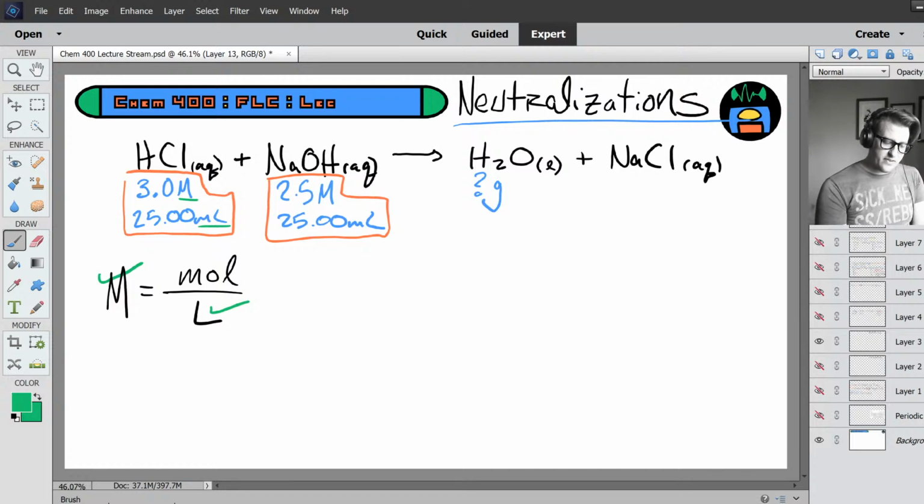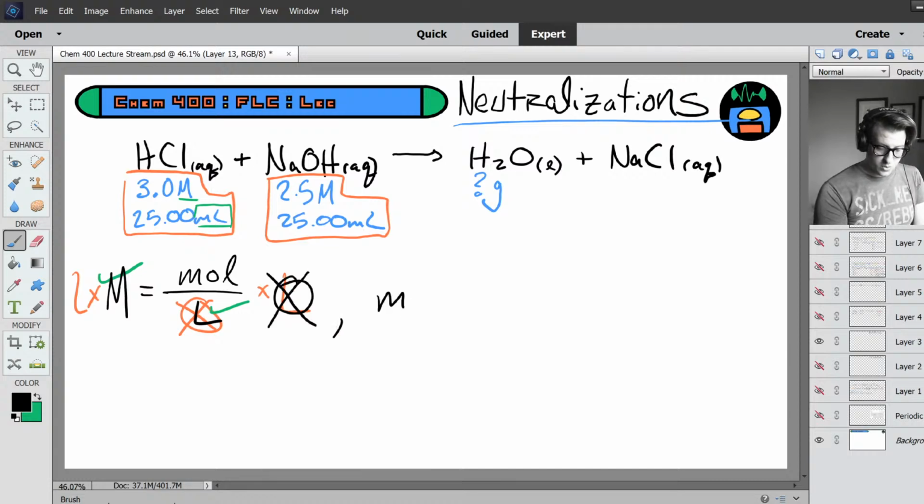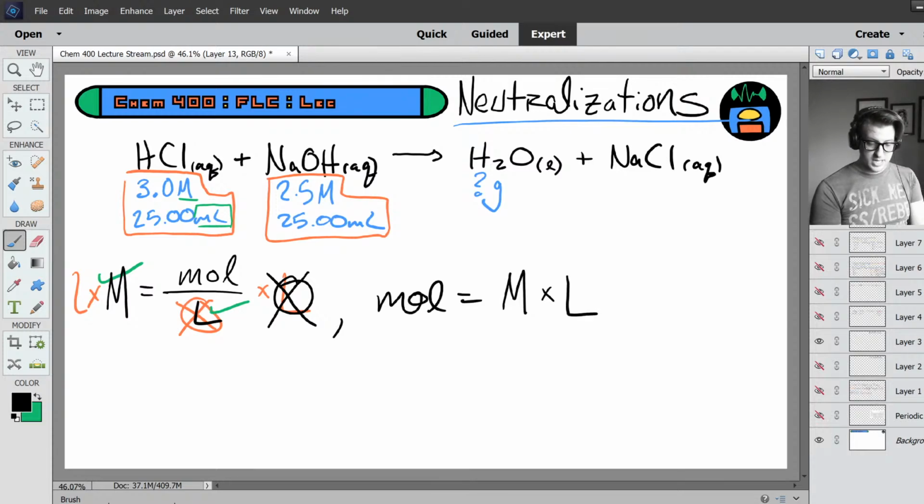We kind of have been given liters, right? We can convert from milliliters to liters. And so if you know your molarity and your volume in liters, if you multiply both sides of this equation by liters, you can solve for moles. Moles, your moles of solute, will be equal to your molarity times your volume in liters.